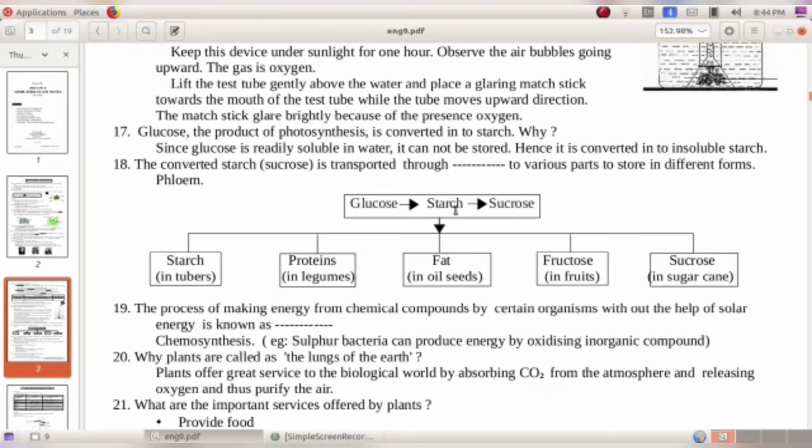The glucose is converted to starch, starch to sucrose. In tubers, the glucose is stored as starch. In legumes, it is stored as proteins. And in oil seeds, it is stored as fat. In fruits, it is stored as fructose. And in sugar cane, it is stored as sucrose.